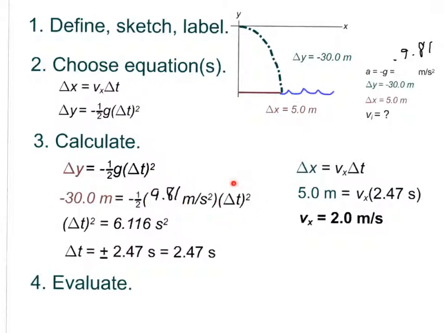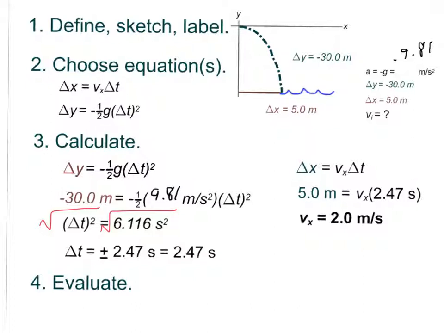I end up with delta t squared equal to this number, seconds squared. If I take the square root of both sides at this point, I end up with delta t equals plus or minus 2.47 seconds. In this case, it's obviously a positive number, 2.47 seconds.